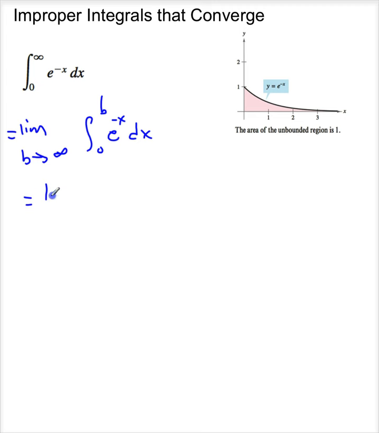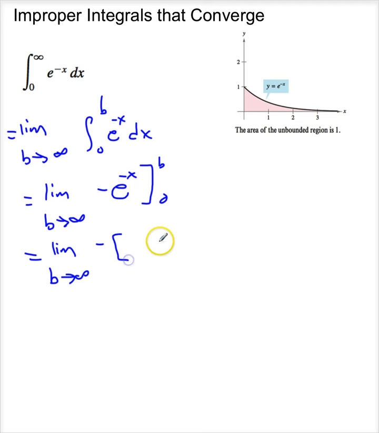So this is the limit as b approaches infinity of minus e to the minus x, evaluated at 0 and b. So it's the limit as b approaches infinity of minus e to the minus b minus minus e to the 0. Now this term goes to 0, this goes to 1. I've got a negative sign, so this is 1.